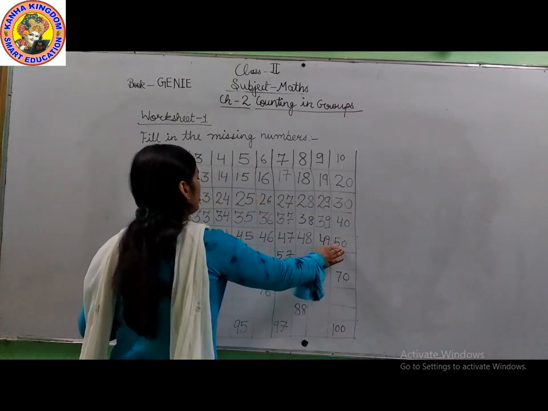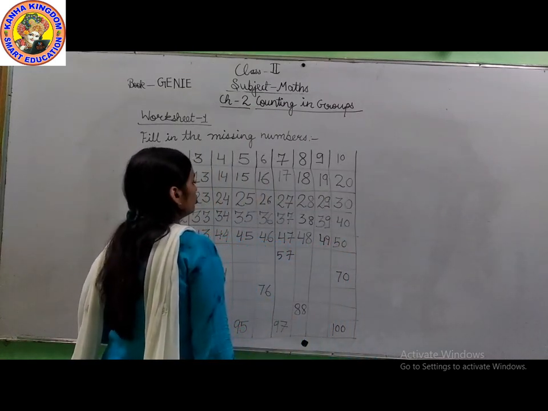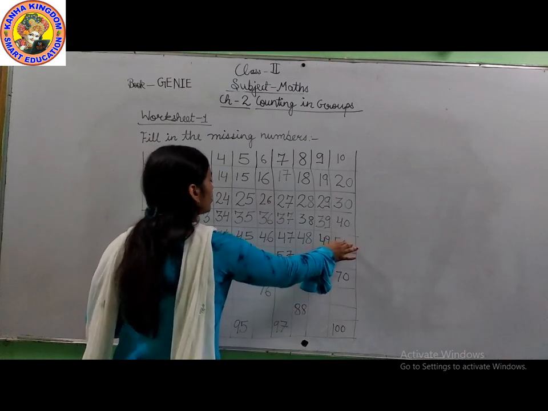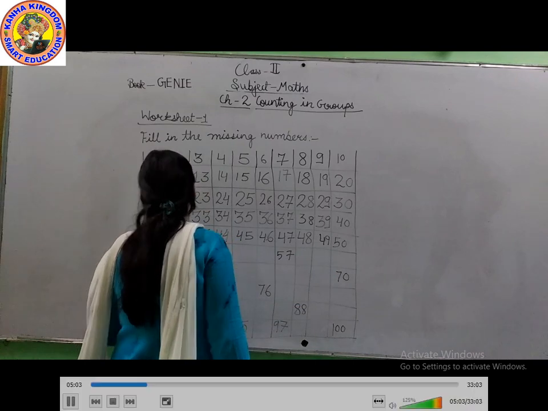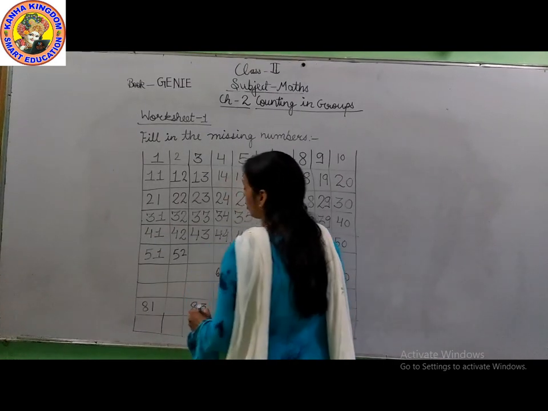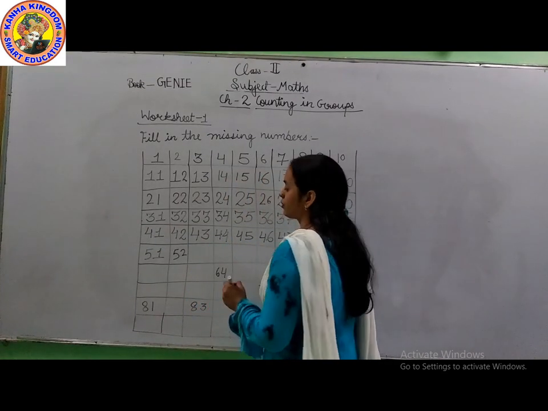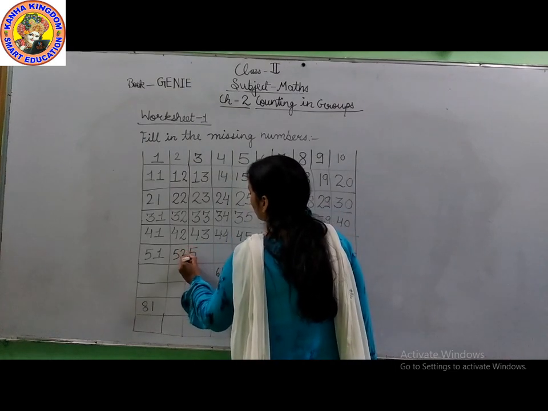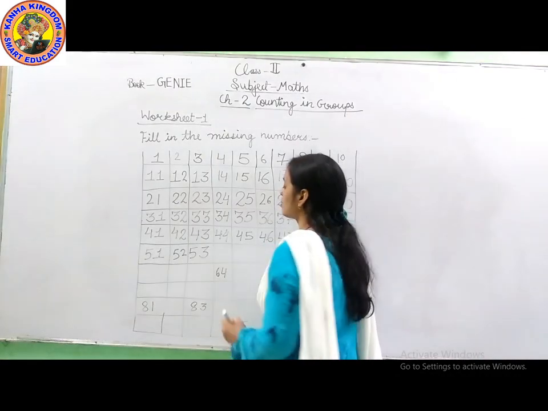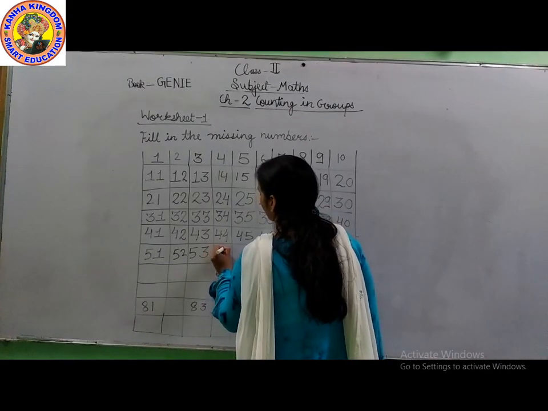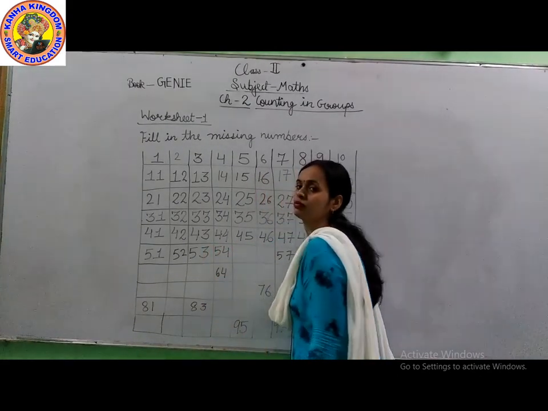Now 50 blank 52. So what comes between 50 and 52? 51. Now, what comes after 52? 53. Now, what comes after 53? 54.